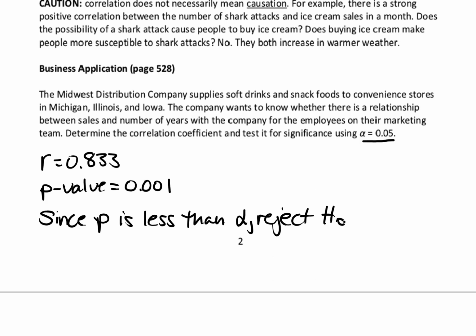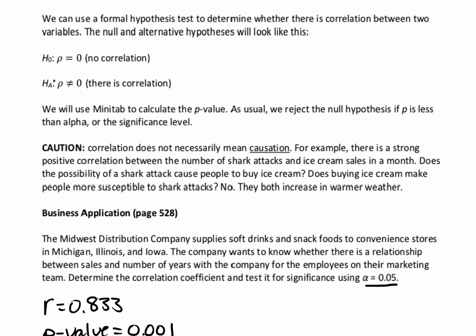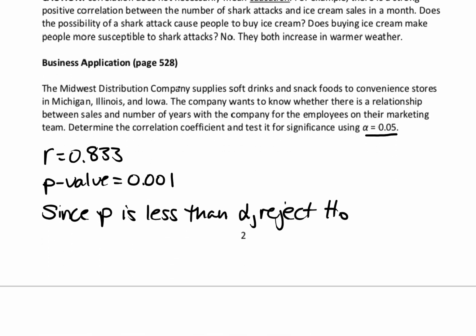And I didn't write my null and alternative hypotheses this time, although I probably should have. But here are my null and alternative hypotheses. It's really not going to change here. This is what they're always going to be when you're testing the R value or the correlation. So my null hypothesis of no correlation, I'm rejecting the null hypothesis, and that means I have evidence for the alternative.